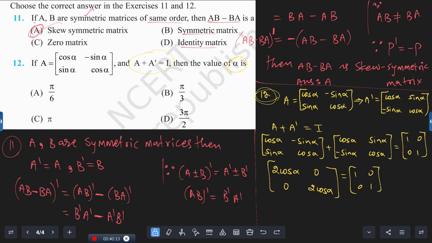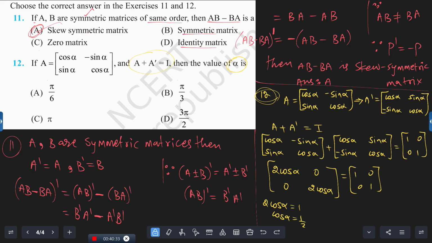After adding, I am getting this, which is equal to 1 0 0 1. When two matrices are equal, then their corresponding elements are equal. Have you remembered that? As per that, 2 times cos alpha is equal to 1. The first elements will be equal, so cos alpha is equal to 1 by 2.